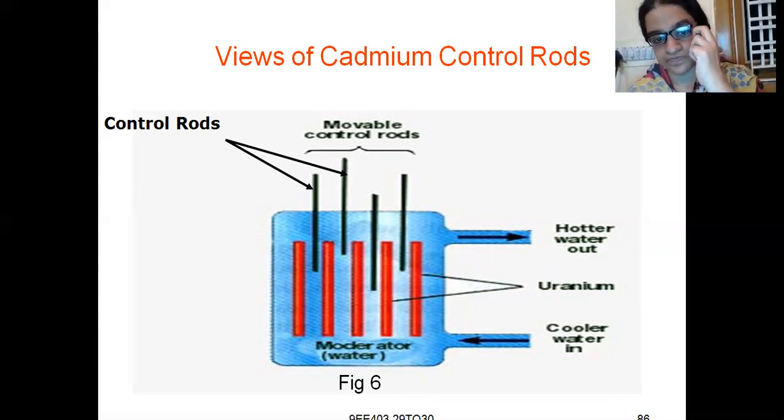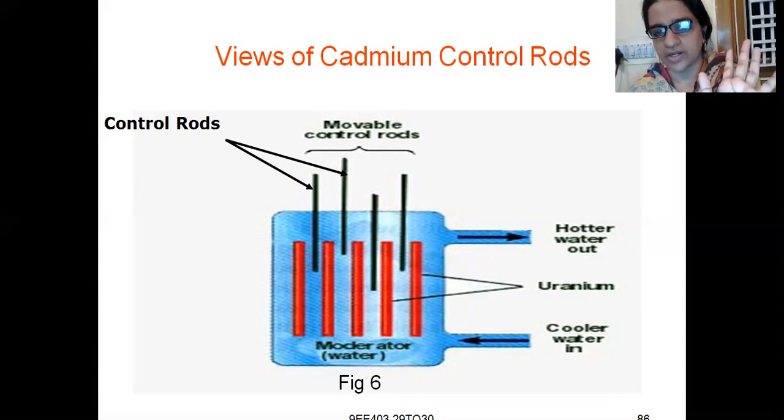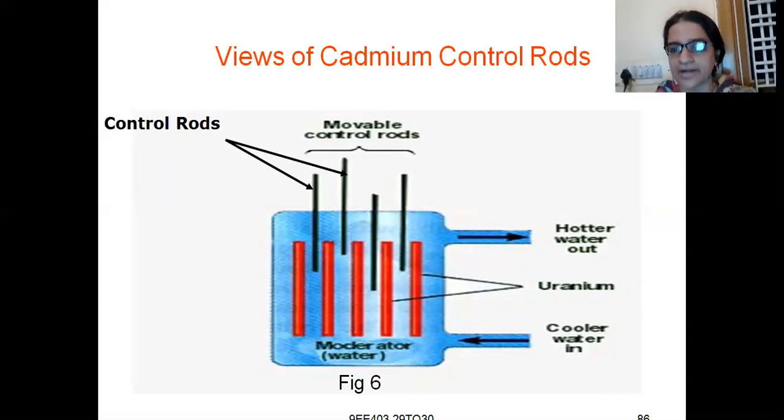Similarly, see here, uranium fuel rods are indicated with red color. The rods which are in red color are our uranium fuel rods. They have not shown the moderator. The moderator here is water itself. In between these uranium fuel rods, you are having control rods, and see the height of the control rods.